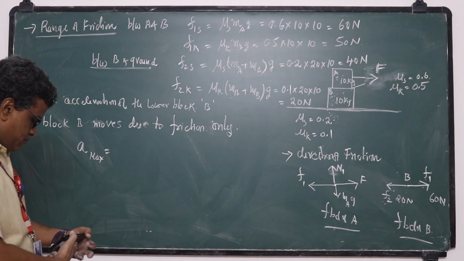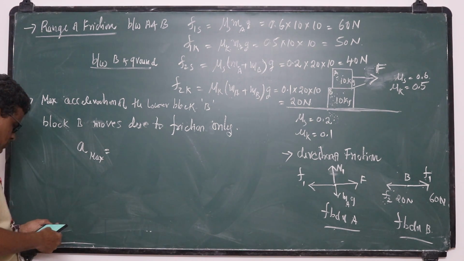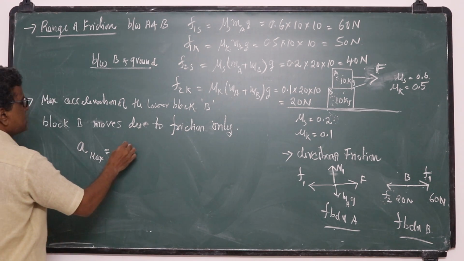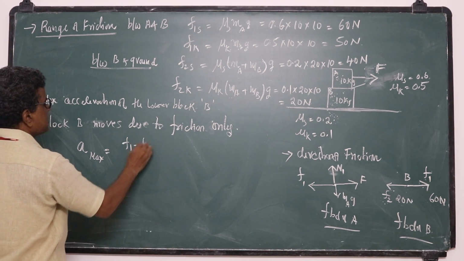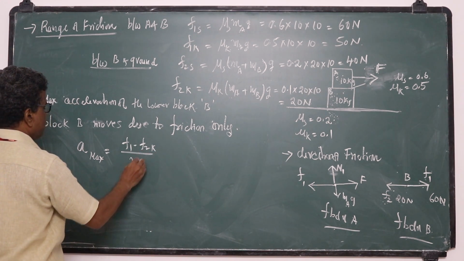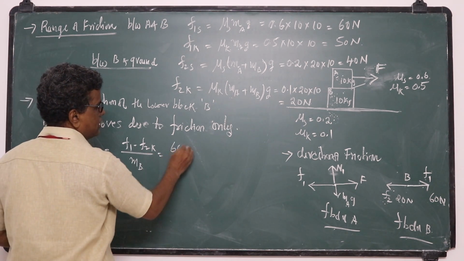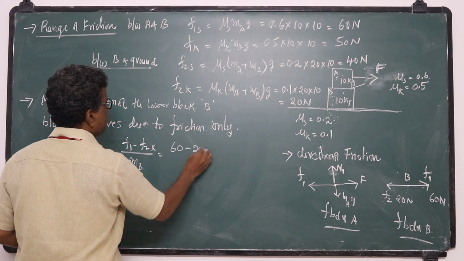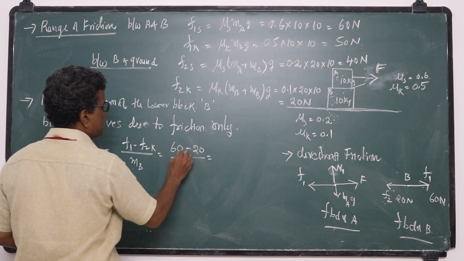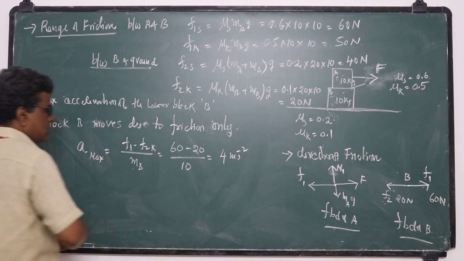So the maximum possible acceleration of B is F1 minus F2k by mass of B, that is 60 minus 20 by 10, that is 40 by 10, 4 meter second to the power minus 2.